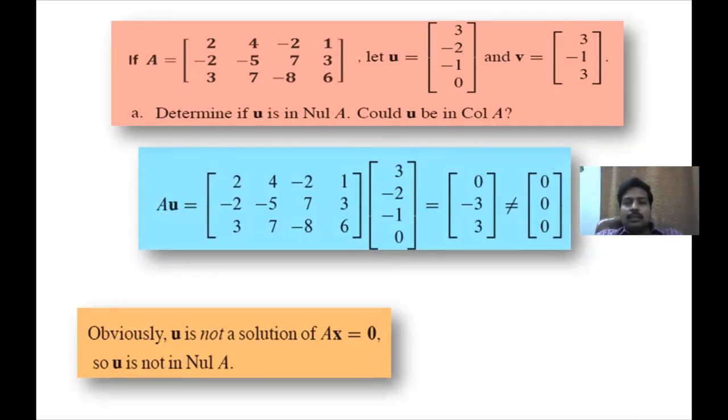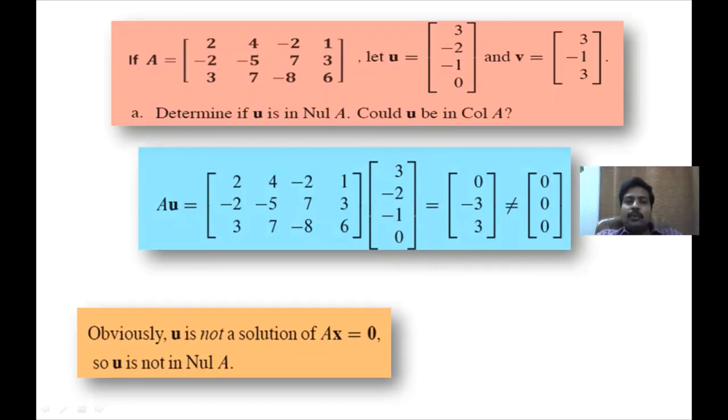The next question is, could U be in column space A? So here the columns are 3 by 1 entries, but U is 4 by 1 entry. No linear combination of these vectors, these columns, will give you a 4 entry vector, since all these have only three entries.